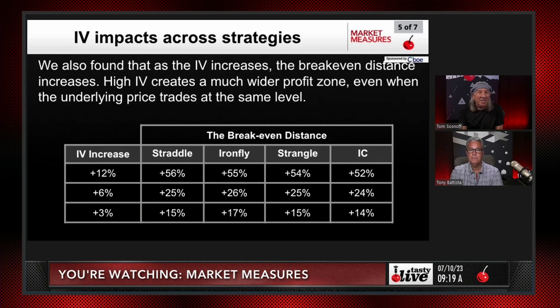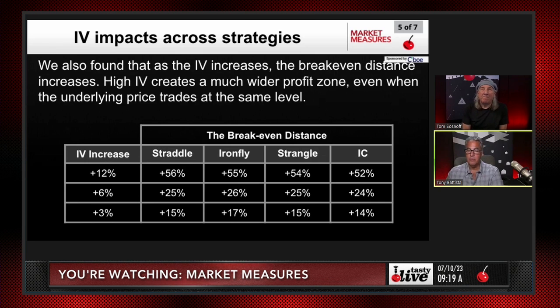A 12% increase in implied volatility, and the break-evens on the straddle go up 55%. A 6% increase is probably more realistic, but the break-evens go up by 25%. It's just to put things in perspective, why we look for certain opportunities.